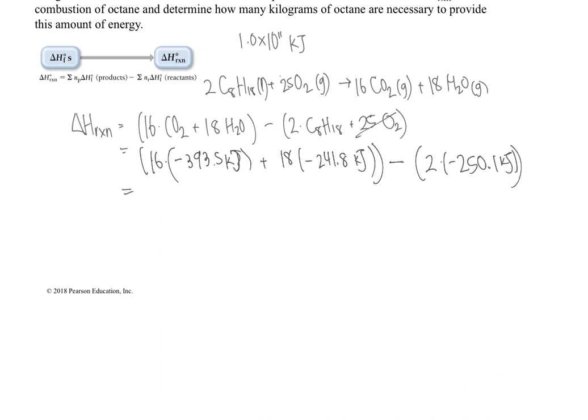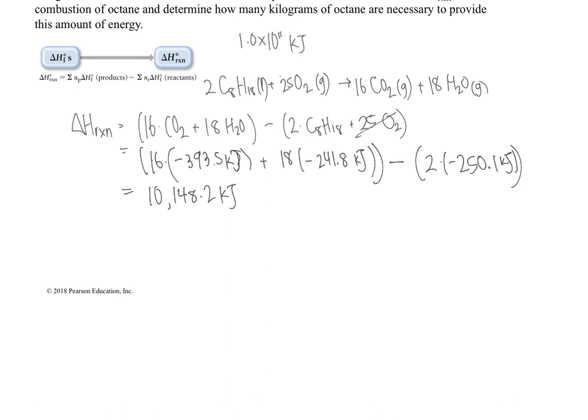So when we plug it in the way we wrote this reaction, I get a value of 10,148.2 kilojoules. That's the way I wrote this reaction. If you write it with a 1 in front of octane and divide everything by 2, then it would be half of that.